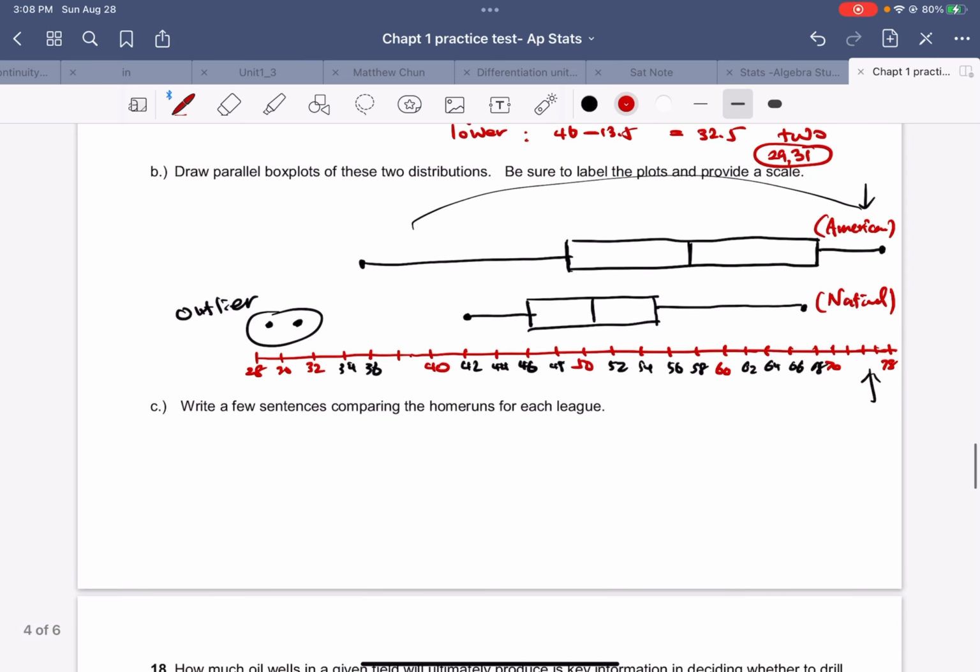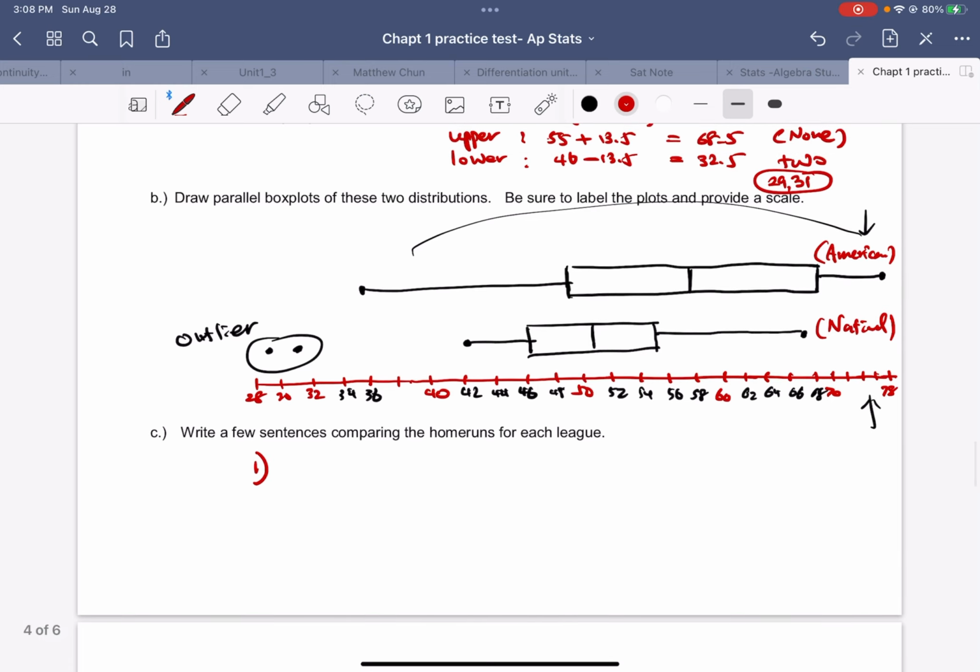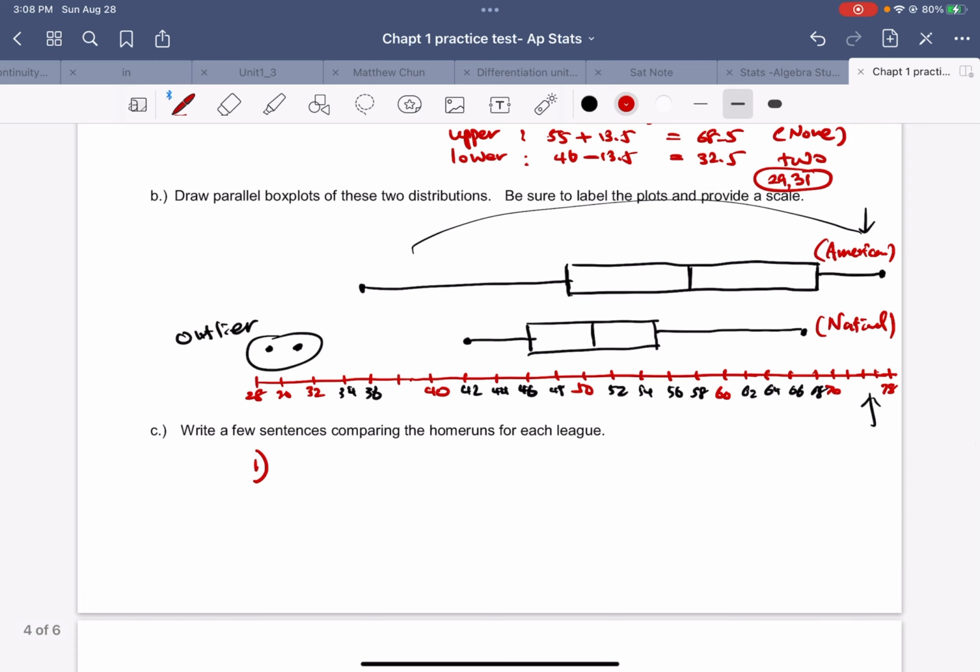Now C, write a few sentences comparing the home runs for each league. So the first sentence, I noticed American League had a higher center, right? Higher center means this median is higher than this one. So you can say the American League had a higher center.